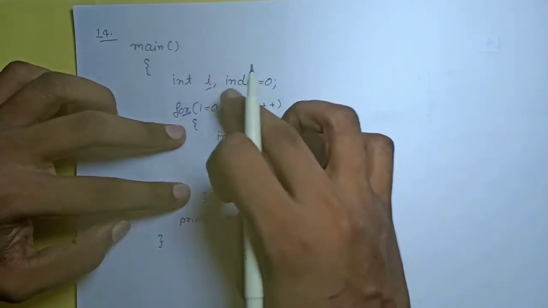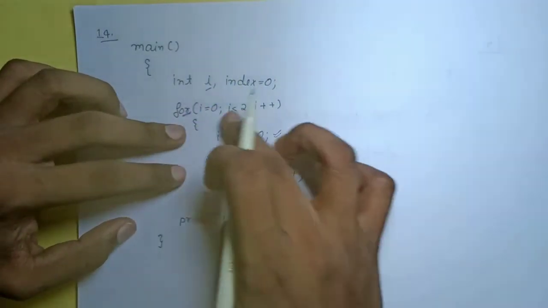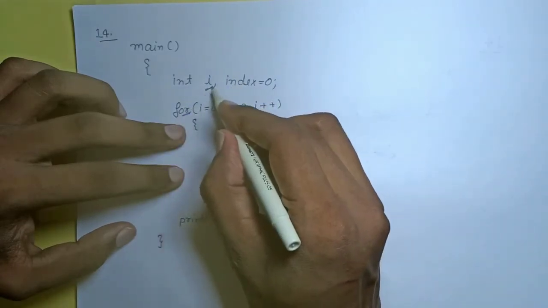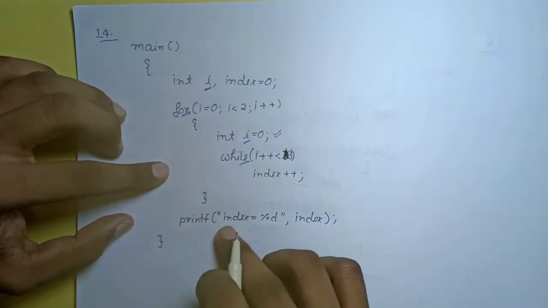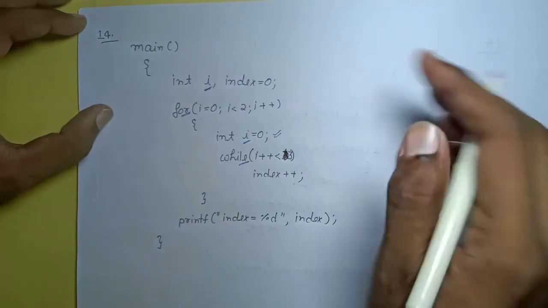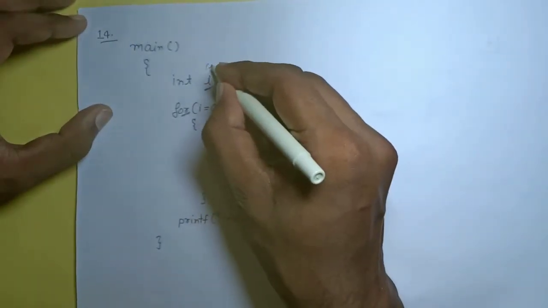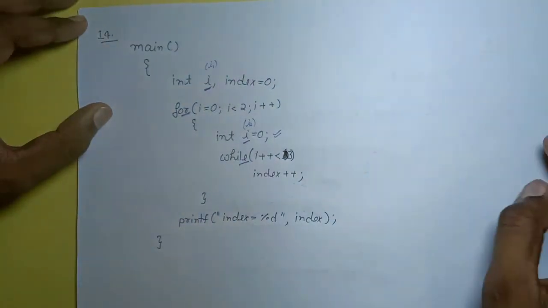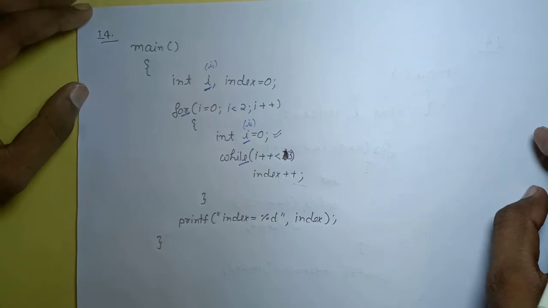But if we are accessing the I variable outside this loop, then this I variable will be invoked, not this one. So for simplicity I used the name I1 for this I variable and I2 for this I variable. Now come to the question.